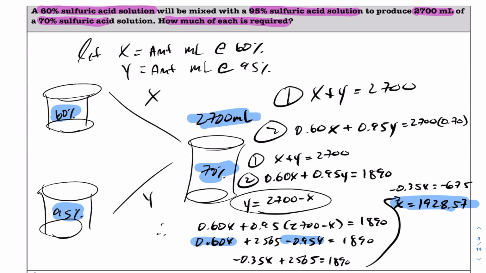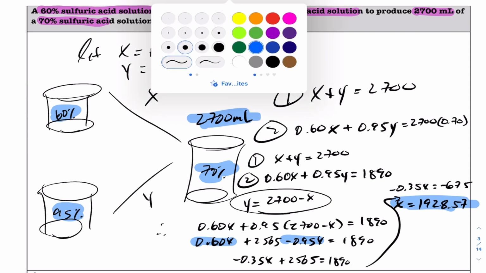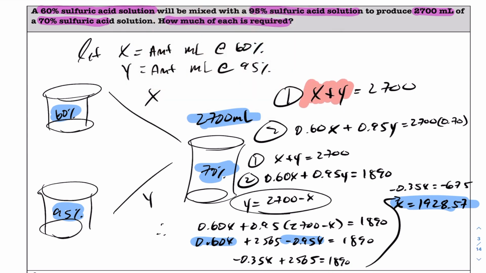I want to solve for y here. So I'm going to go to equation 1 and substitute in our x value and solve for y. You end up getting y equals 2,700 minus 1,928.57.